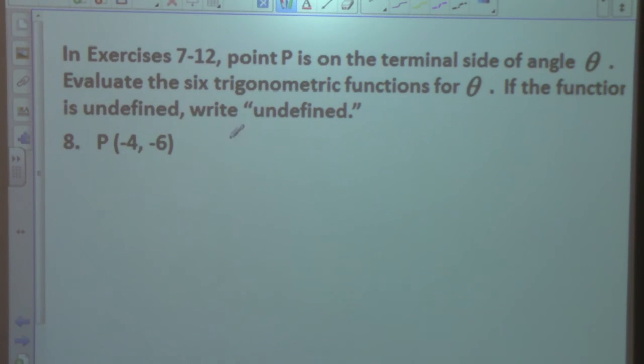So she says hypotenuse, my pen is a little glitchy, square root of 52. Okay, because you got 4 squared plus 6 squared, that's going to be 16, 36, 52, yeah, okay, that looks right. What else? And then sine is going to be -4 over square root of 52.